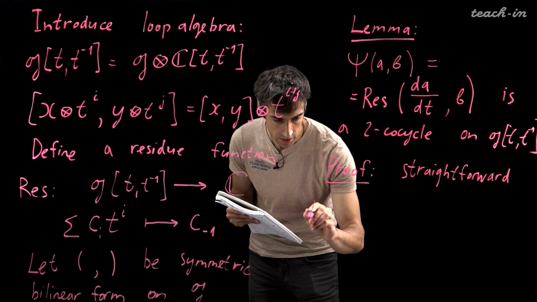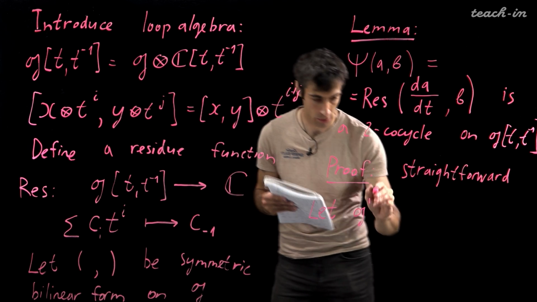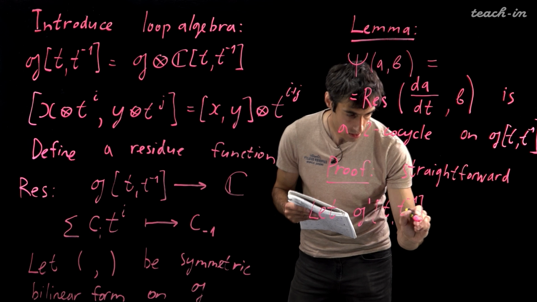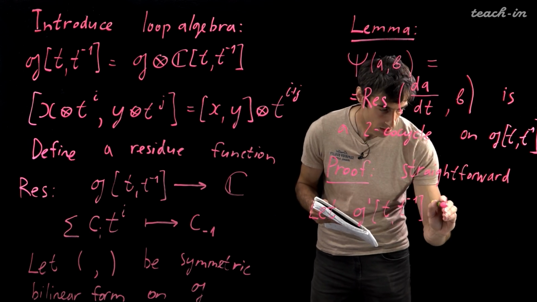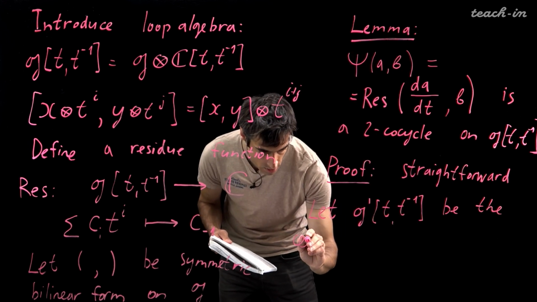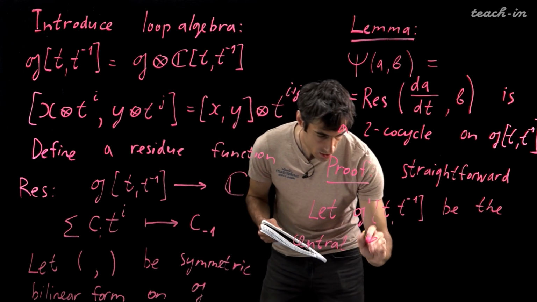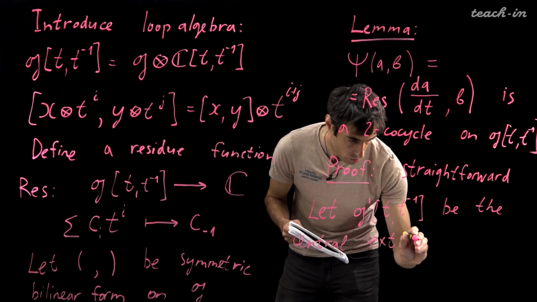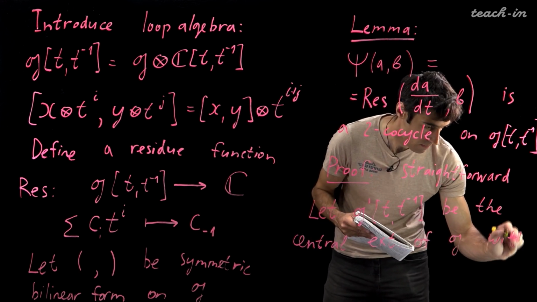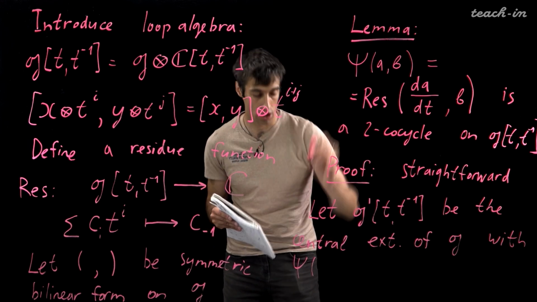So let g prime of t inverse be the central extension of g with the Tuka cycle psi that I introduced in this lemma.